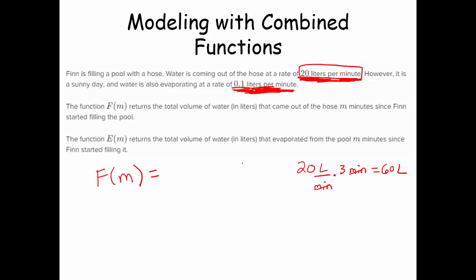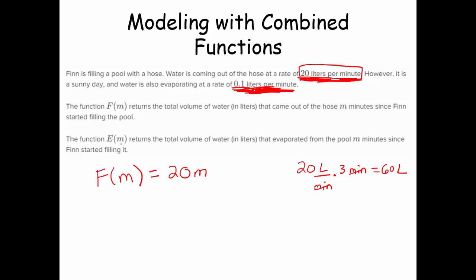So we can use this idea to write the equation for the function f of m. It's going to be 20 times m. 20 being the rate at which the water is flowing out in liters per minute, and then m is the number of minutes. When you multiply the number of minutes and the rate at which the water is coming out of the hose, you get how much water has come out of the hose.